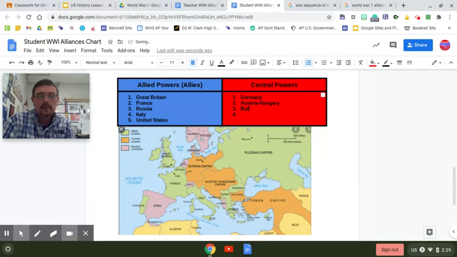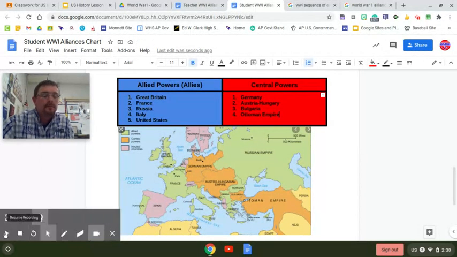Bulgaria, and the Ottoman Empire. Now, this name, Central Powers. So if something is central, it's kind of in the middle, okay? So when you look at where these countries are, they're called the Central Powers because they are located in the centralized part of, or the middle of Europe.